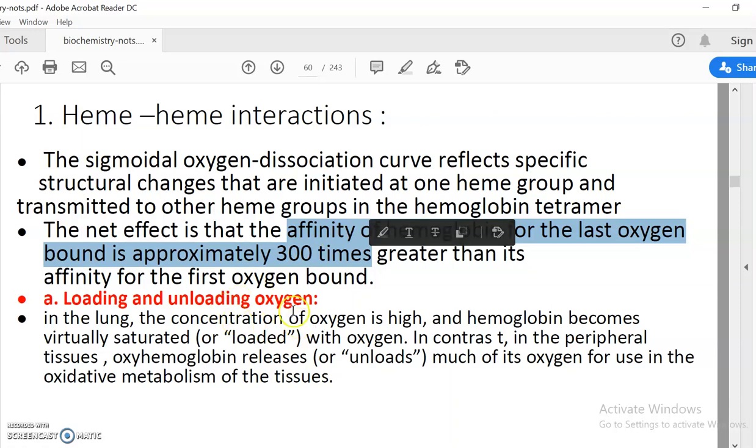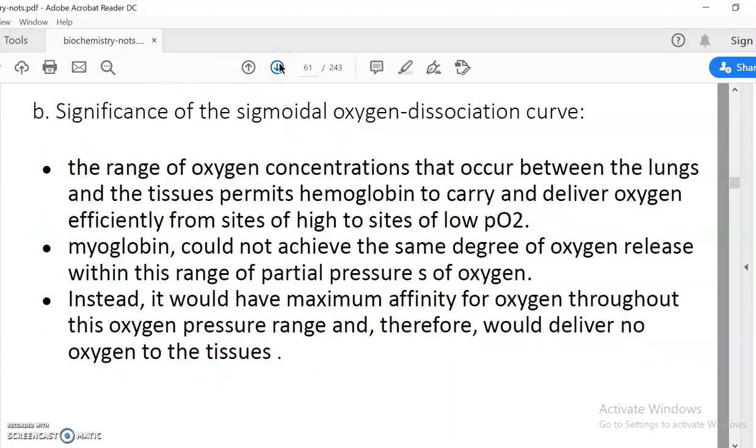Loading and unloading of oxygen. In the lung, the concentration of oxygen is high and hemoglobin becomes saturated or loaded with oxygen. In contrast, in the tissue, oxyhemoglobin releases or unloads much of its oxygen for use in the oxidative metabolism of the tissue.